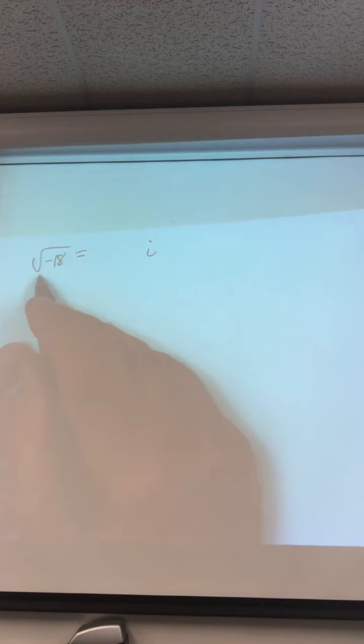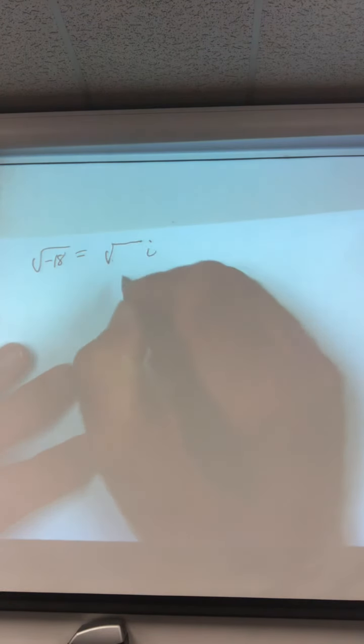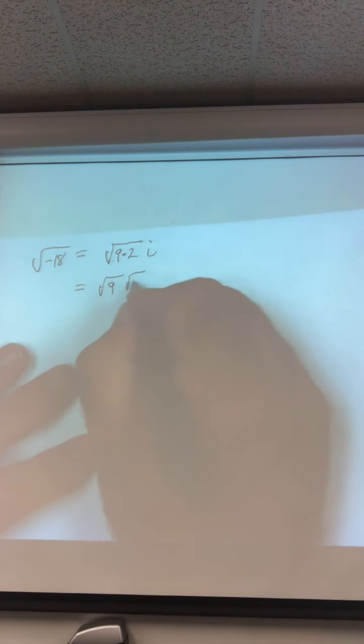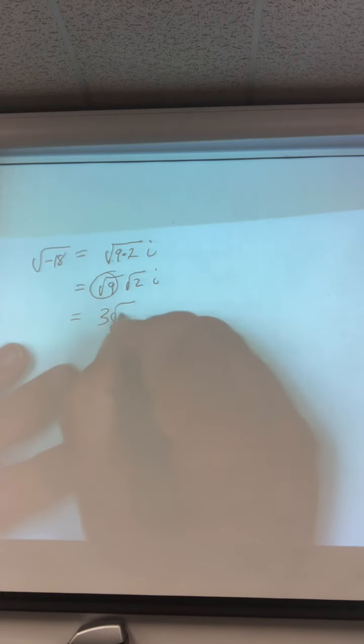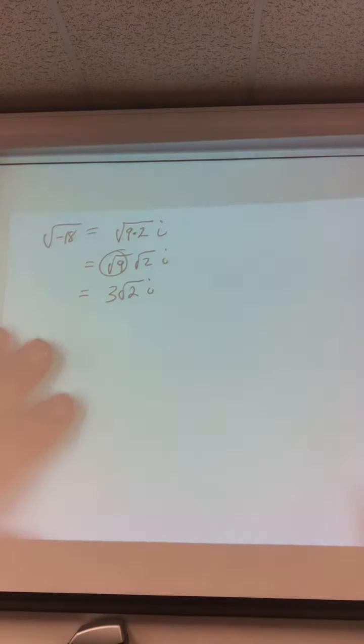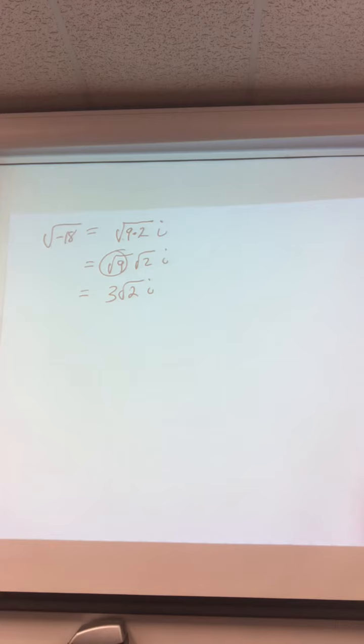Can you get the square root of 18? No. Is there a number that goes into 18 you can get the square root of? Yes, 9. 9 is a perfect square. Now break it into two parts and do the part that is doable. So that would be 3 square root of 2i.